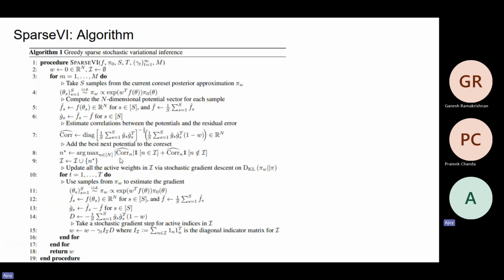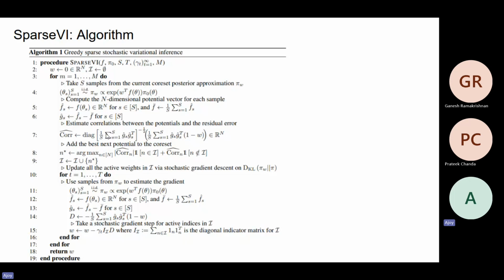In this algorithm we will first do the Monte Carlo estimation of this posterior, and then we will estimate the correlation using this Monte Carlo sampling. And here G_s is nothing but F minus expectation of F, so that is also approximated with the Monte Carlo estimation.